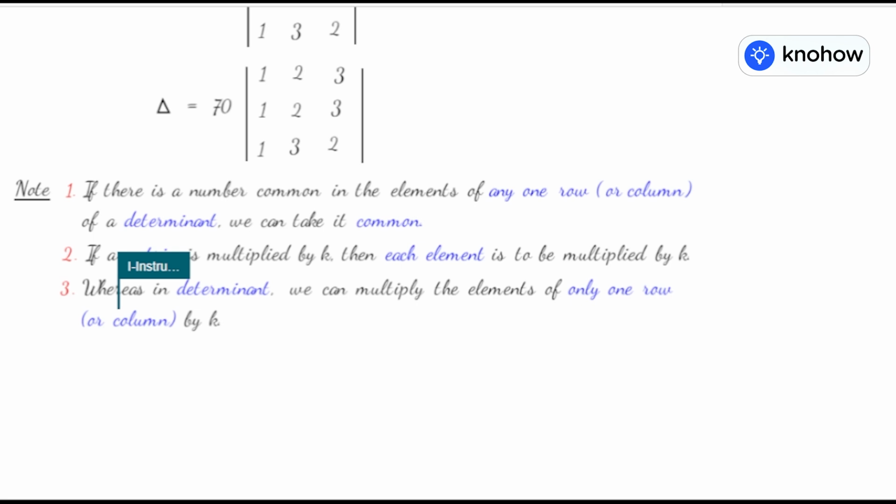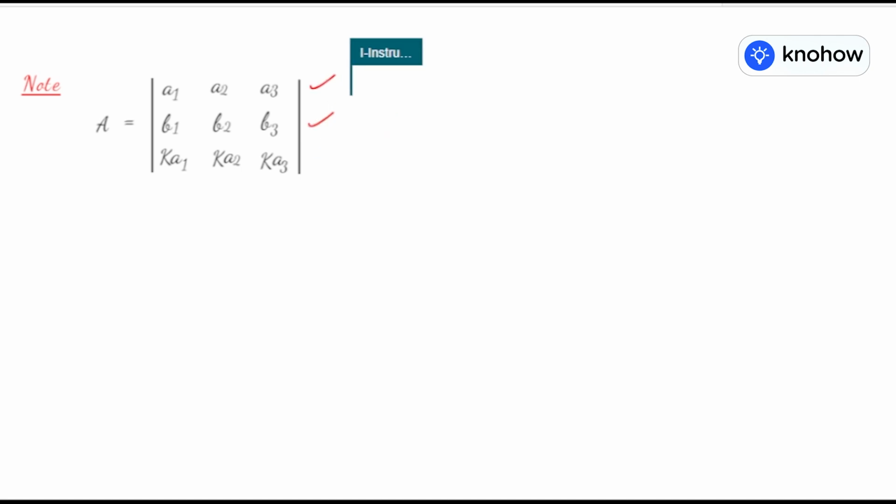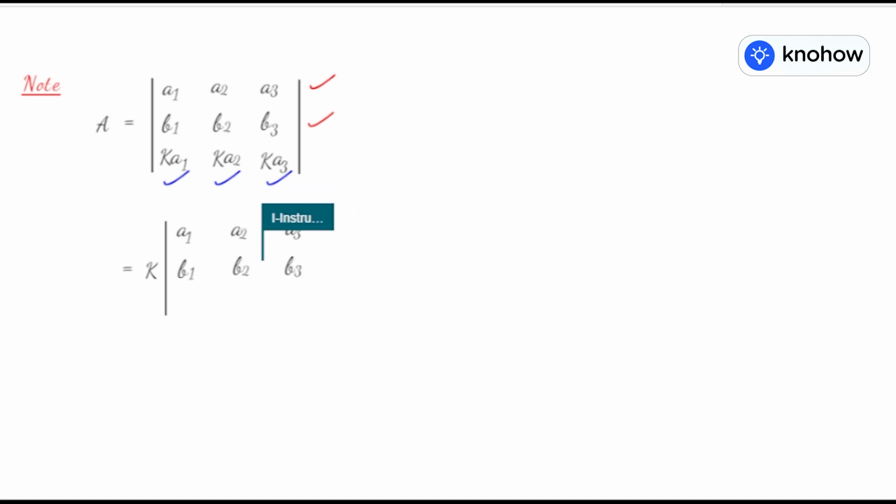Now, another note. Just look at this example. Say A1, A2, A3, B1, B2, B3, KA1, KA2, KA3. In property 3, I said if any two rows or columns are identical, then the value is 0. Now look at this determinant. Here, K is a common number in all three elements of row 3, so I can take K common and you get A1, A2, A3, B1, B2, B3 and A1, A2, A3.